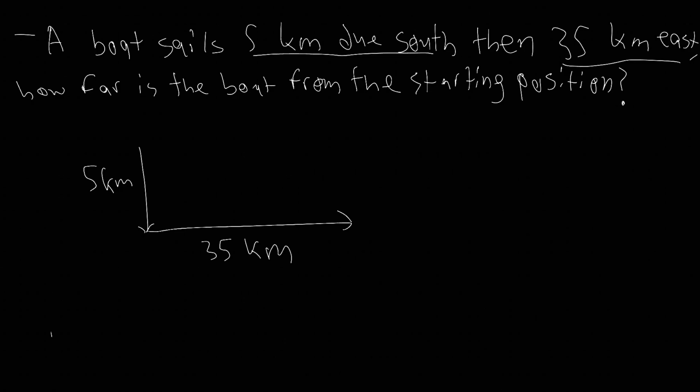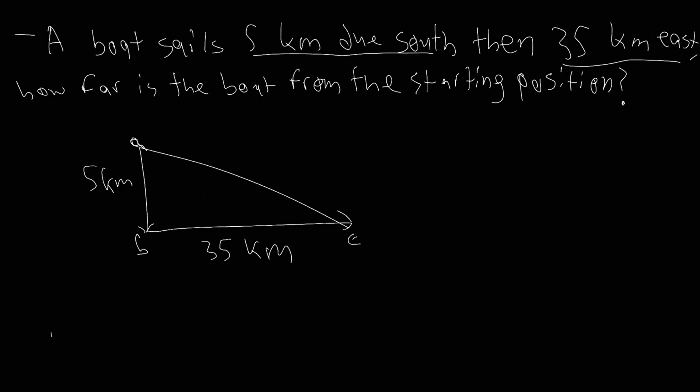How far is the boat from the starting position? So, first of all, the boat goes from this point A to this point B. Now it goes from this point B to this point C. It wants to know how far the boat is from the starting position. The starting position is A, and the boat is currently at C. So we can construct our own right angle triangle from this information and connect them.